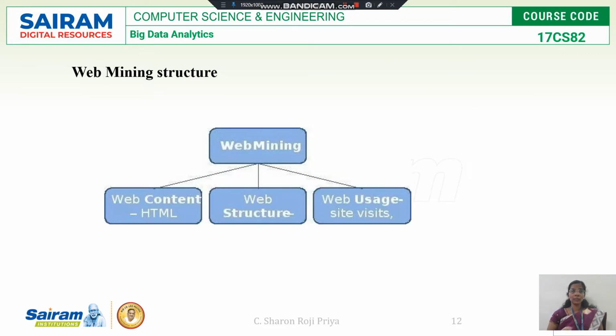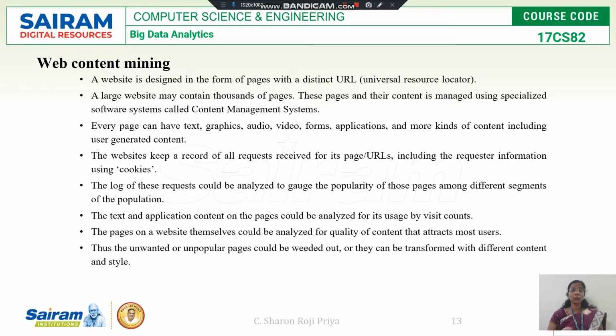Coming to the web mining structure, we have three parts. The first is web content mining, then web structure mining, and web usage mining. What do you mean by web content mining? If I take a website that has hundreds of web pages, and all these web pages are managed by a content management system, and each web page, as you all know, has text, graphics, audio, video, forms, applications, and so on.